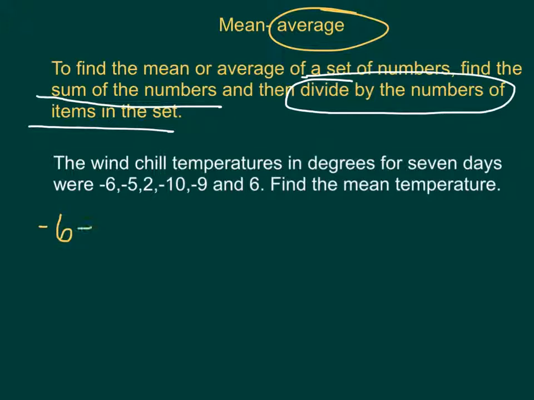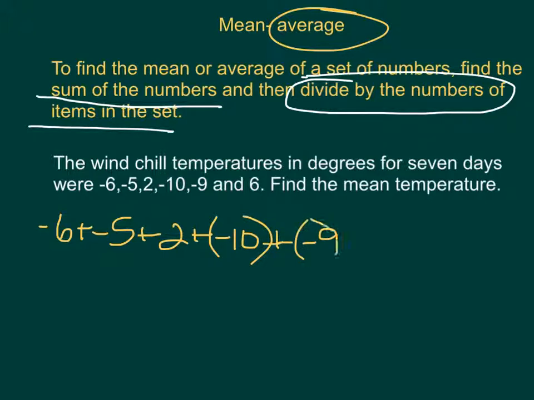So -6 plus -5 plus 2 plus a negative 10 plus a negative 9 plus a 6. So negative 6 and negative 5 is negative 11, plus 2 is negative 9. So this way we had a negative 9.